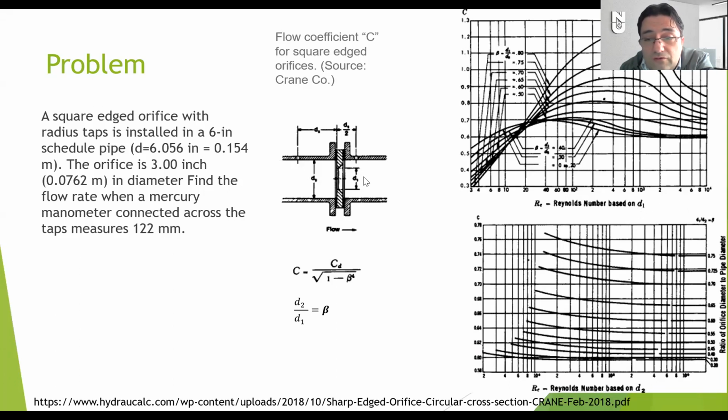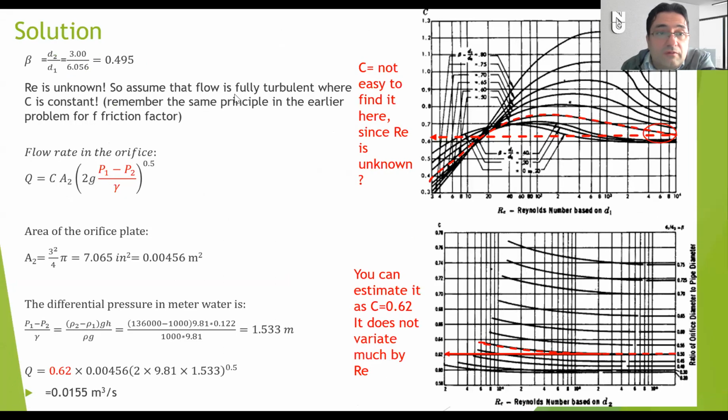If you use the pipe diameter, it might be more logical to use this figure, but you can still use the orifice diameter. Also, the C value is given as an equation here. We are not going to use it, but D2 over D1 is the beta factor. I just provided it here to help explain what's going on. Let's continue and solve the problem.